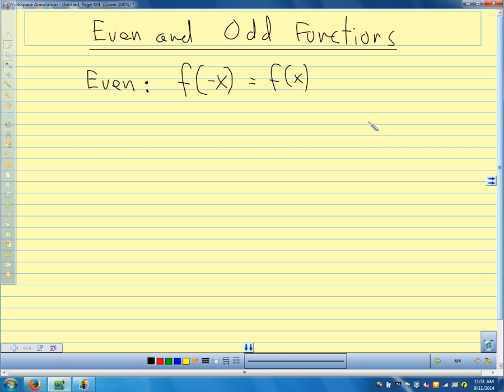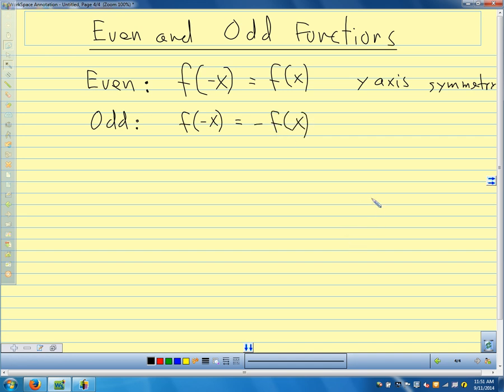What kind of symmetry do even functions have? Y-axis. So even means f of minus x equals f of x, and odd, we just decided f of minus x equals minus f of x.